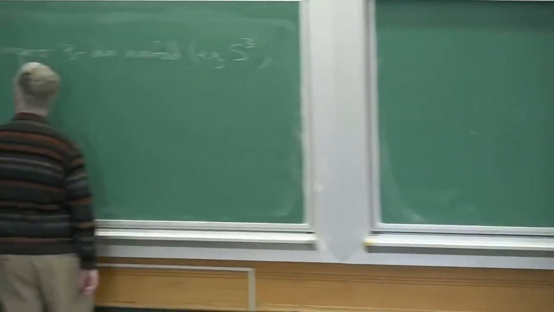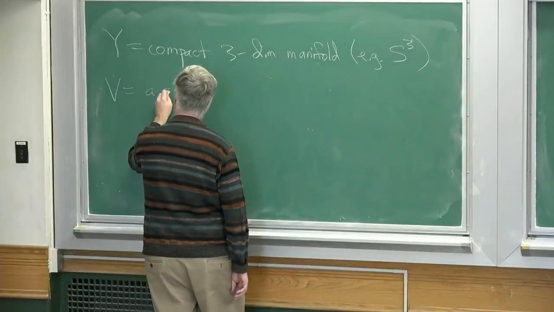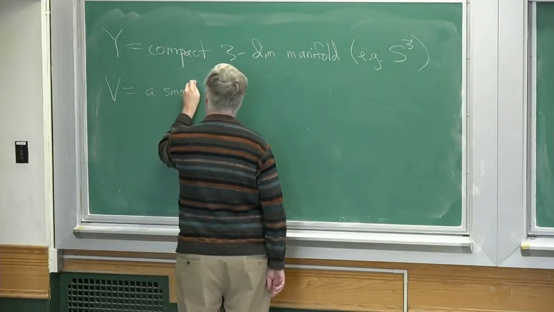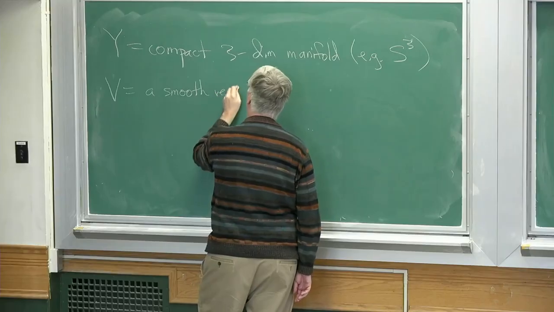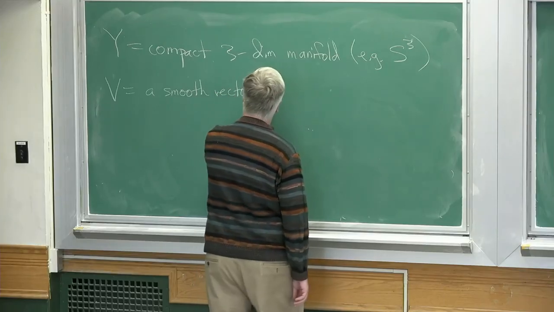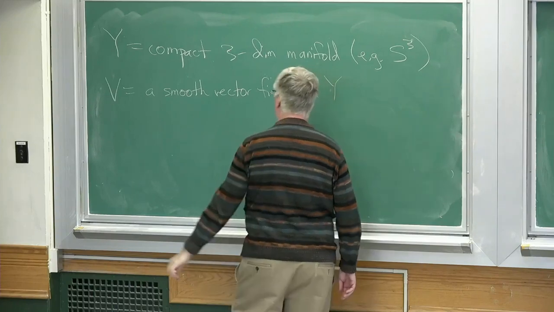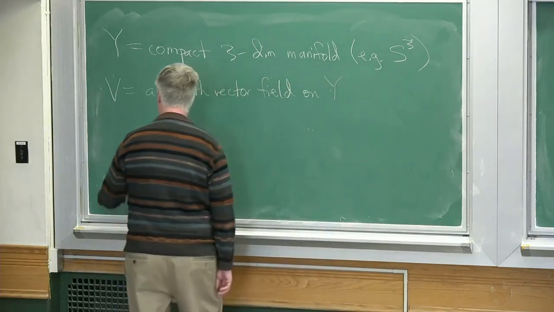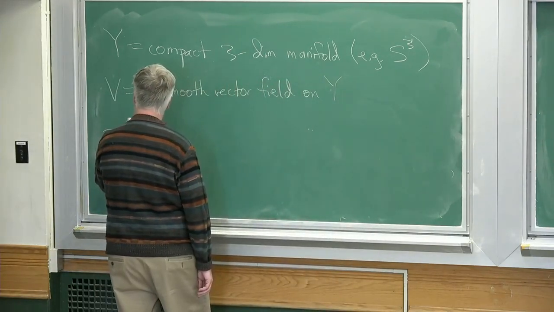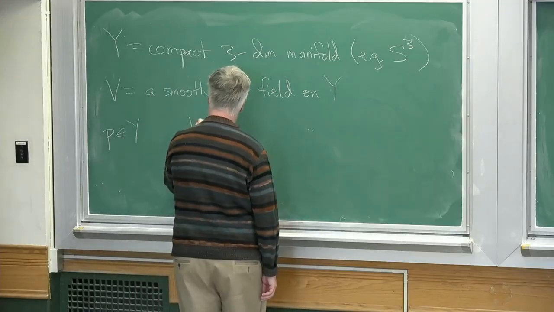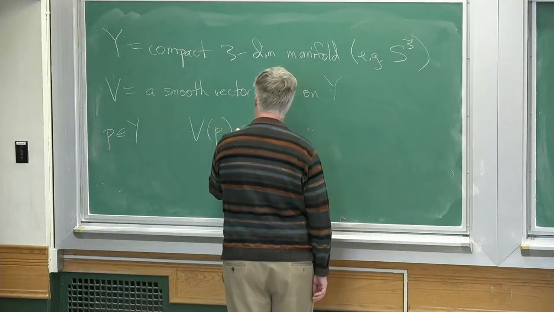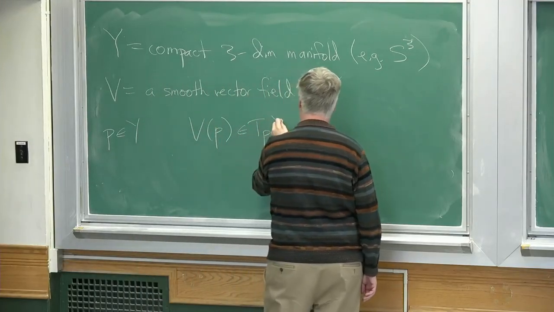And V is a smooth vector field on Y. If p is a point in Y, then we have a vector V(p) in the tangent space at p.